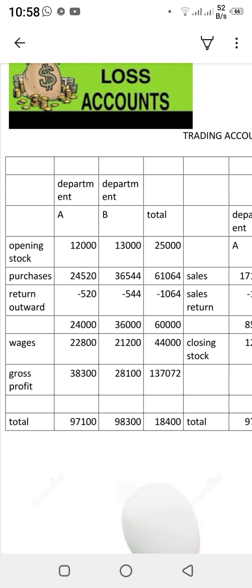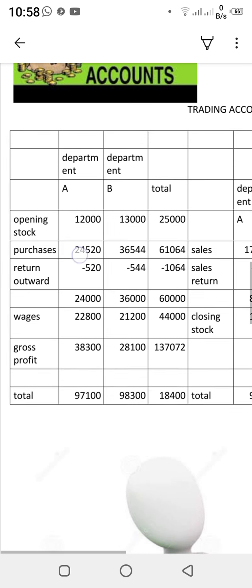You will have to deduct return outward from the purchases for department A and for department B respectively, and the same will be applied to the total. You get net purchases for department A 24,000 and department B 36,000, and as a whole 60,000.